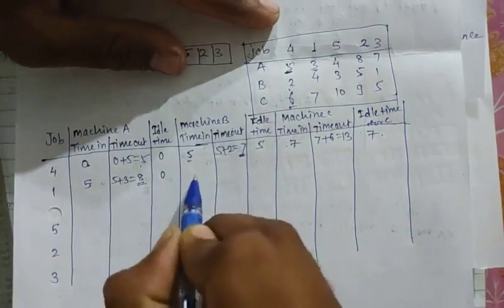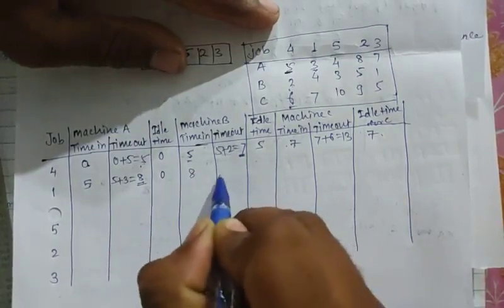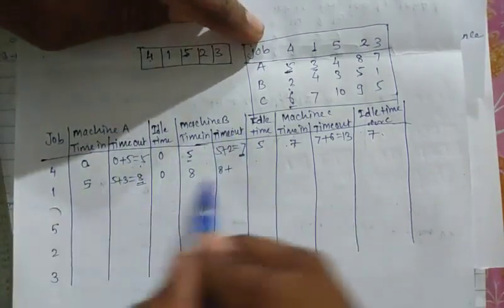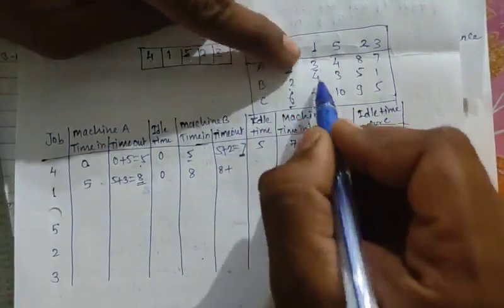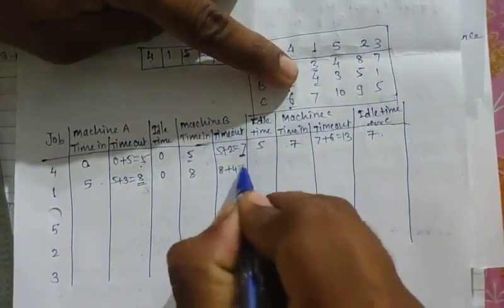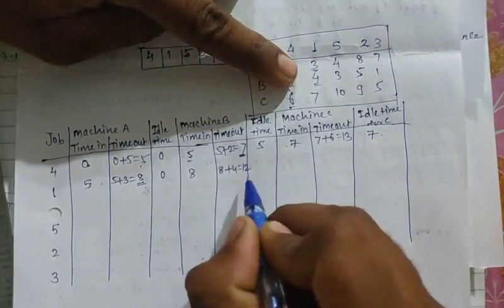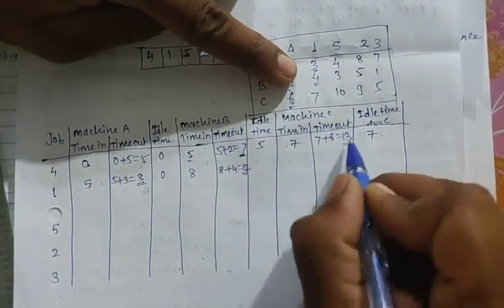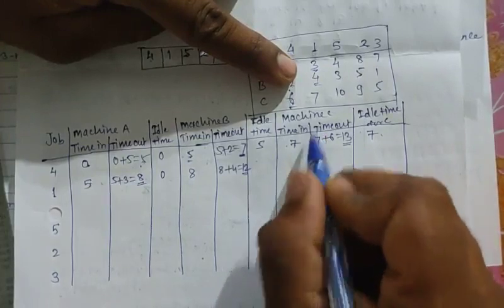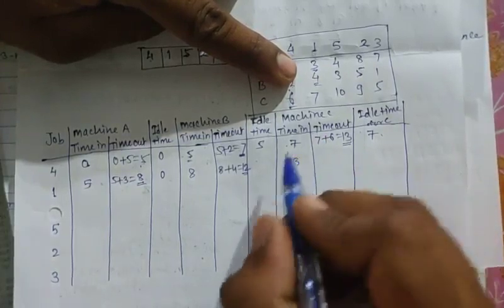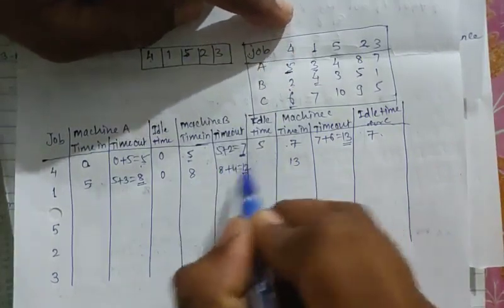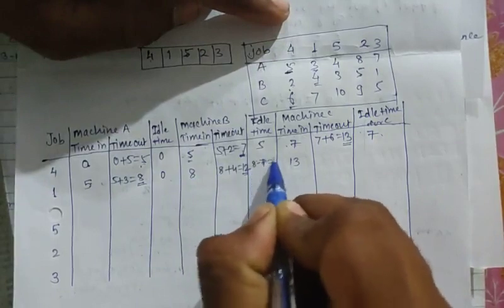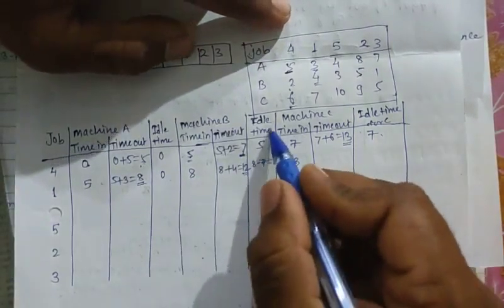Now 8 plus 4 for machine B on job 1, which is equal to 12. Here we have 12 and 13, and the maximum will be the time in of machine C, which is 13. To find the idle time, 8 minus 7 is equal to 1 hour, which is the idle time for machine B.